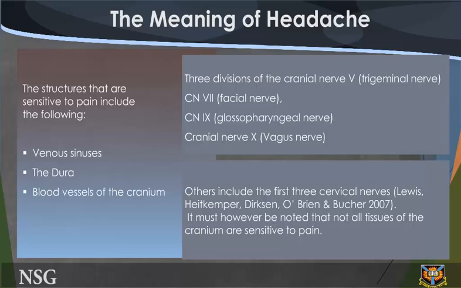Others include the first 3 cervical nerves (Lewis, Dikmen, Dachshund, O'Brien, and Butcher, 2007). It must, however, be noted that not all tissues of the cranium are sensitive to pain.